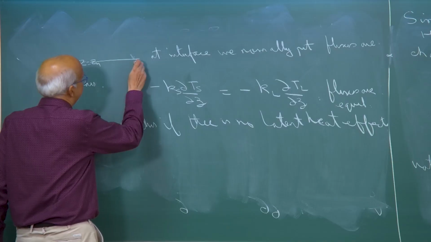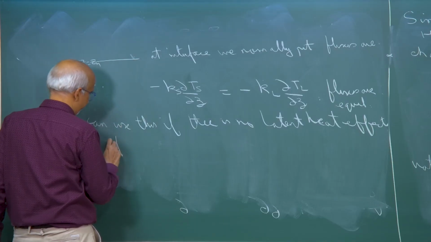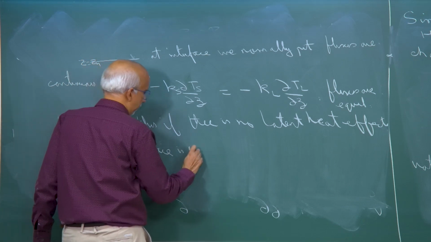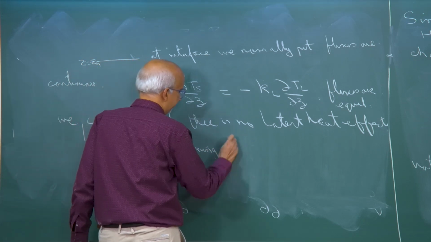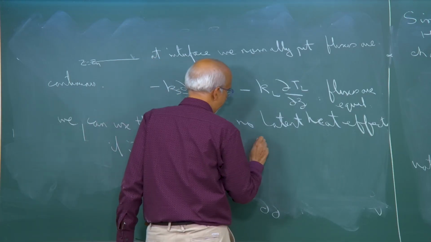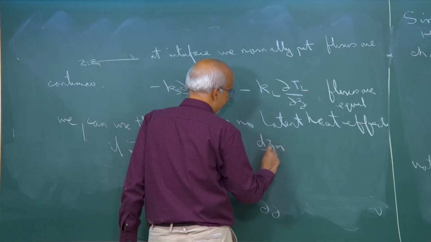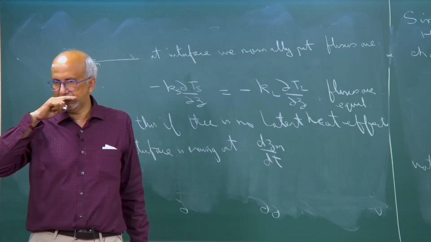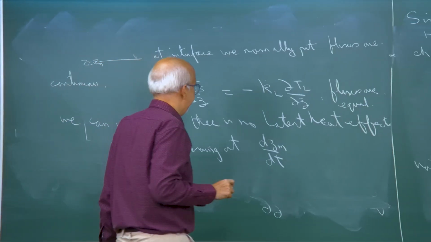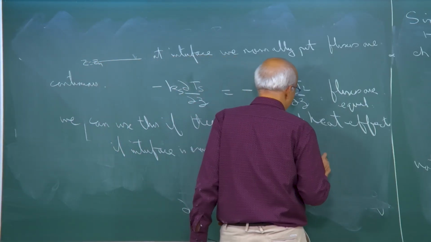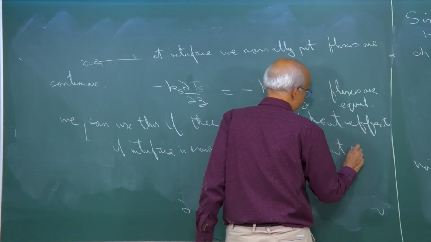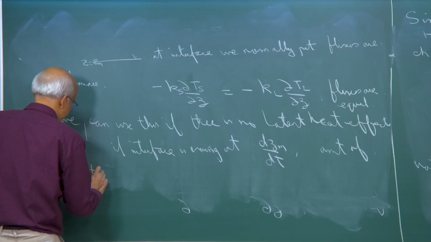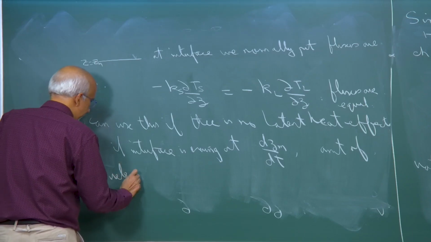So, supposing this interface is moving at dZm by dt, that is the velocity, Zm is a function of time, dZm by dt is the thing, then what is the amount of heat released?